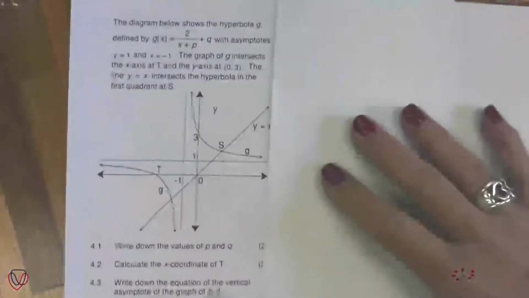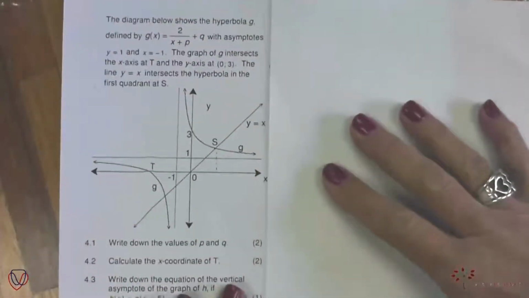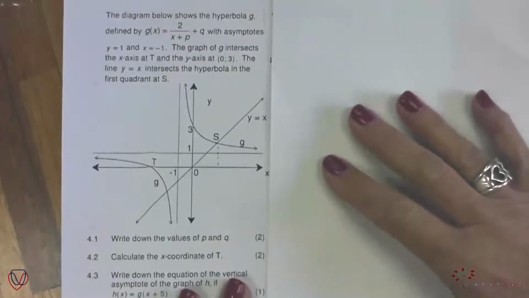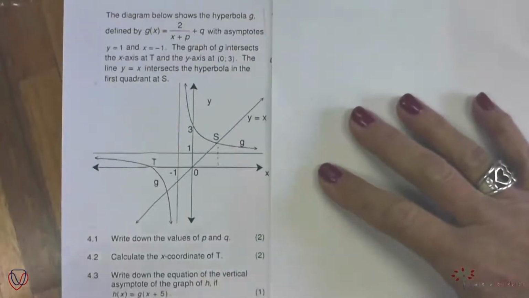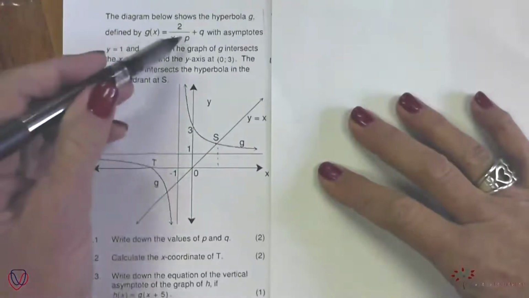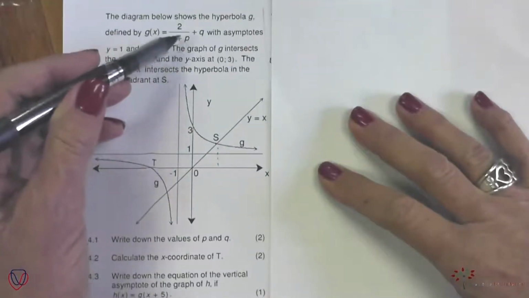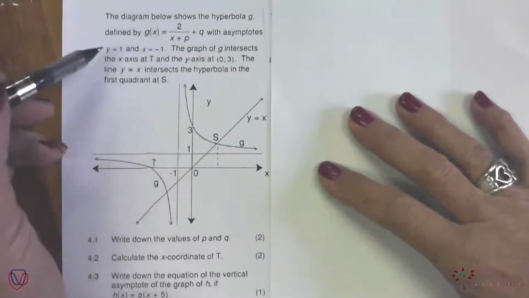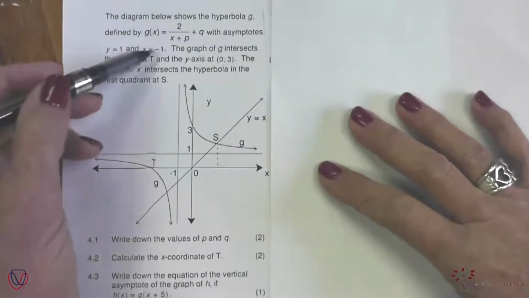Right, the last one on functions. Uh-oh, this is quite a sum. Let's have a look. The diagram below shows the hyperbola G. There's a hyperbola. I hope you recognize it without reading. With asymptotes y equals 1 and x equals negative 1.